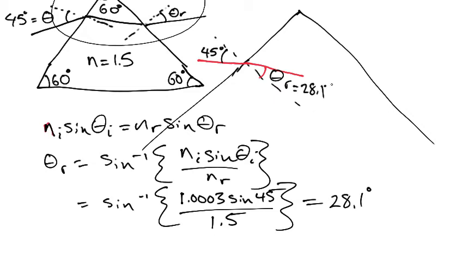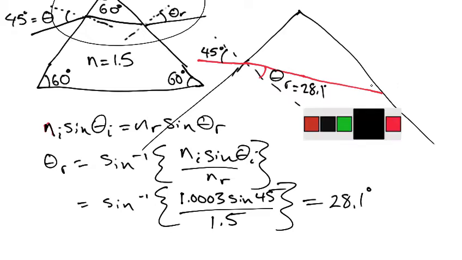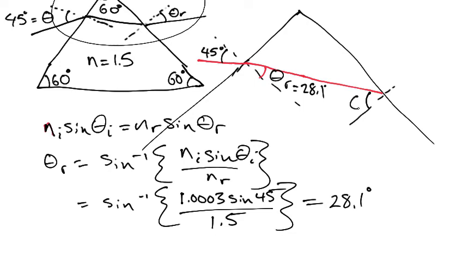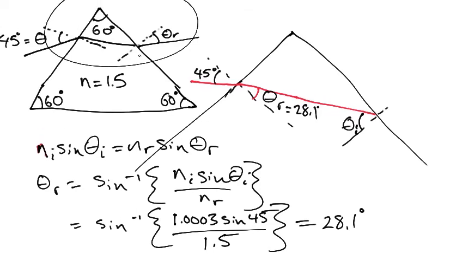Well, how can we now find the angle which is incident at the second interface, going out of the prism? So what we're looking for now is this angle here. Let's call this the new theta I. Well, a really easy way is to make use of the fact that this is an equilateral triangle and that this angle is 60.